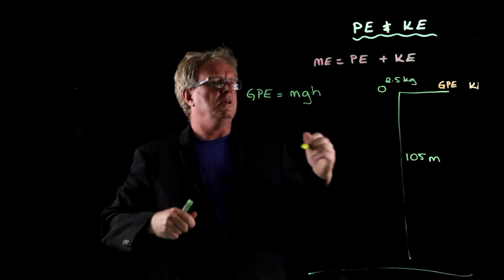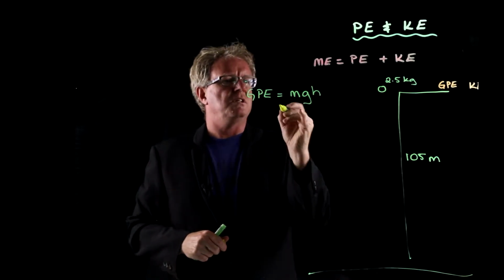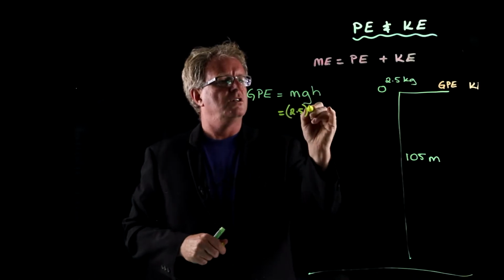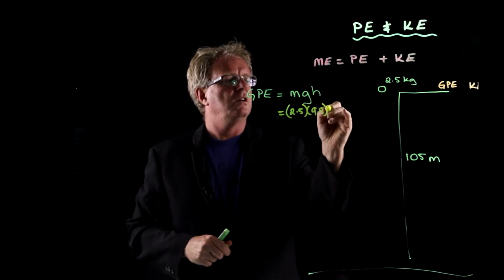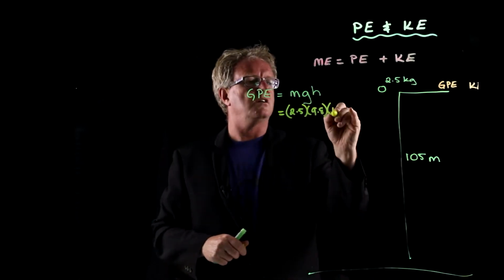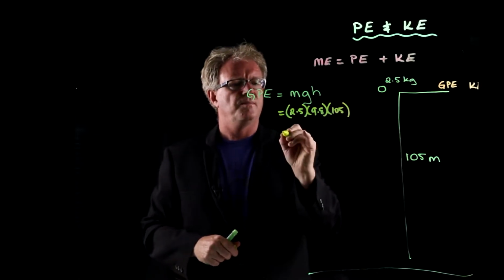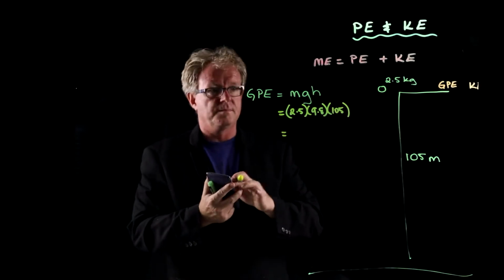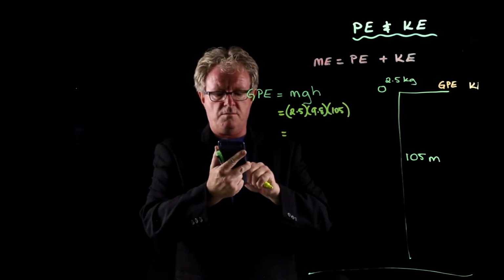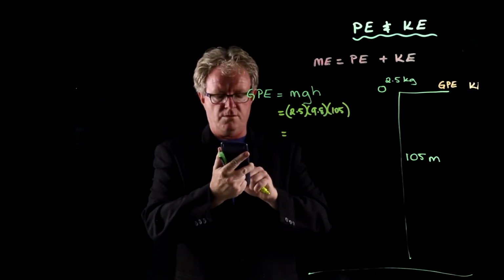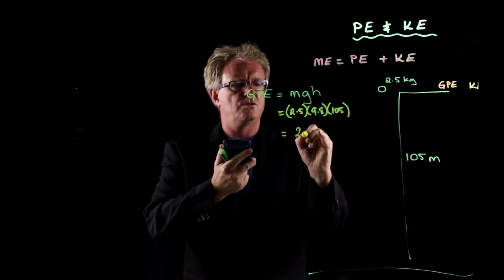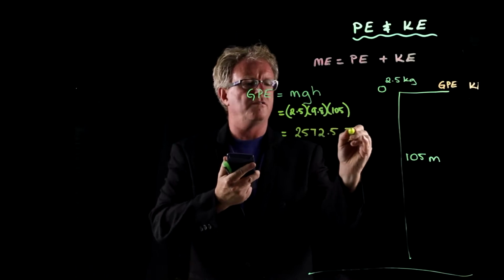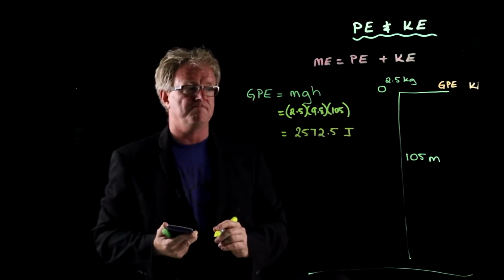So up the top here, the gravitational potential energy is its mass, 2.5, times 9.8, times the height in meters, 105. And let's get our calculator out. 2.5 times 9.8 times 105, 2,572.5 joules of energy.